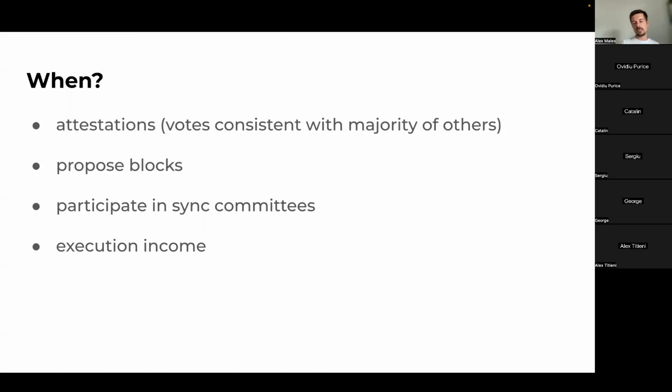And execution income means that priority fee, or the sum of all the priority fees that you include in a block as a block proposer.